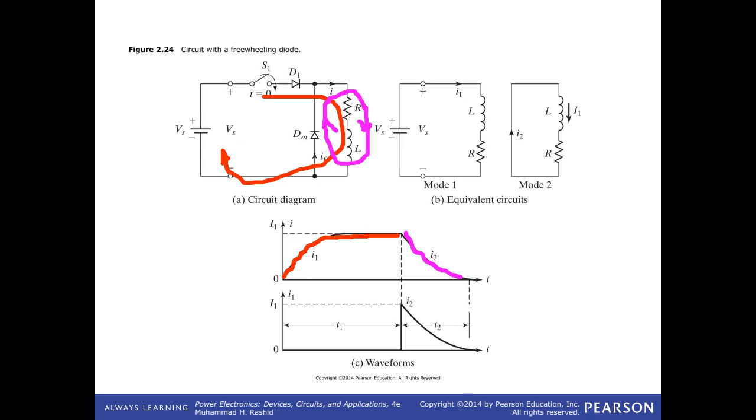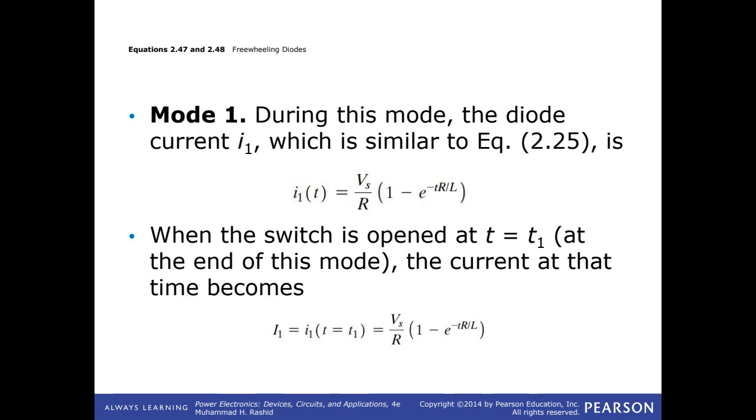Okay, you already know those equations. Mode 1, when current is rising, I derived those equations for you, for this is an LR network.